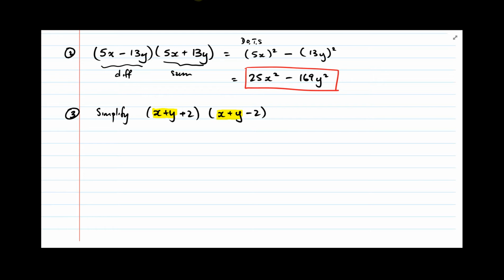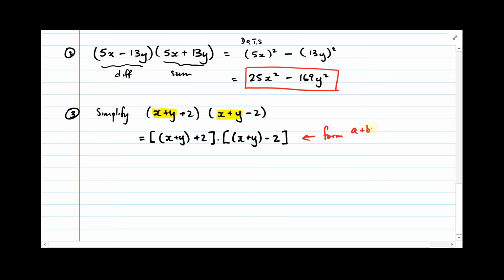So let's write it out with brackets now. Sometimes when we do this, you might want to change the style of your bracket. What I highlighted before when I saw that pattern in my mind, I am putting in brackets. And what I'm saying to you is that this is now in the form a plus b and a minus b.